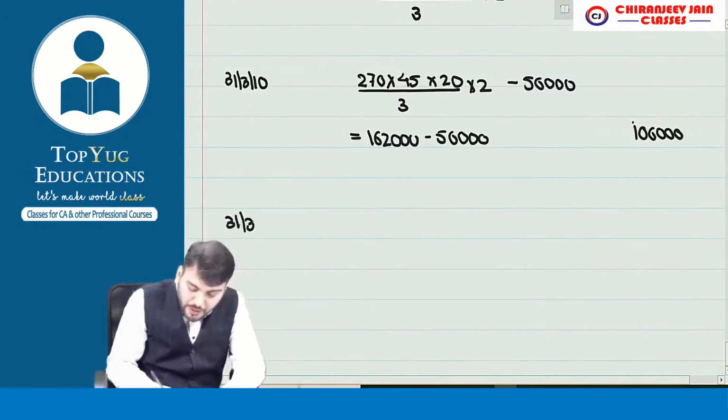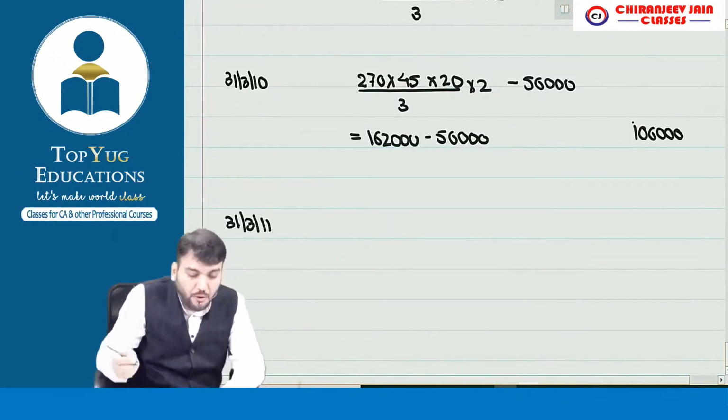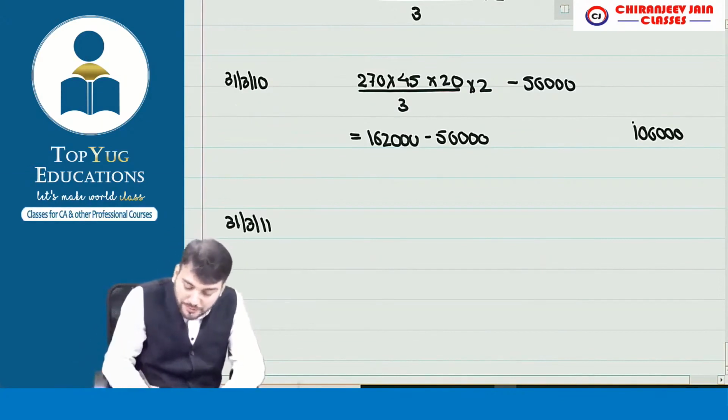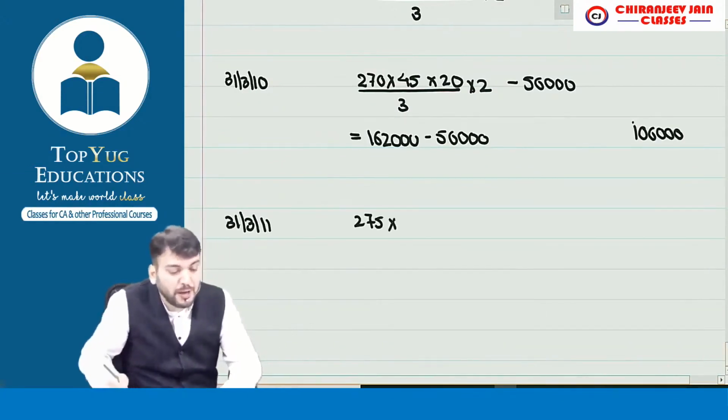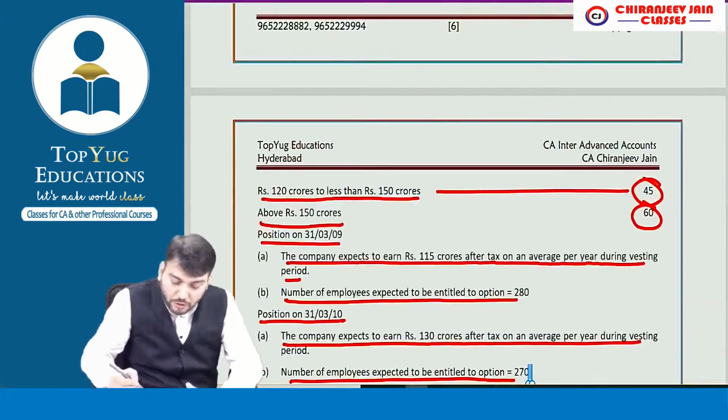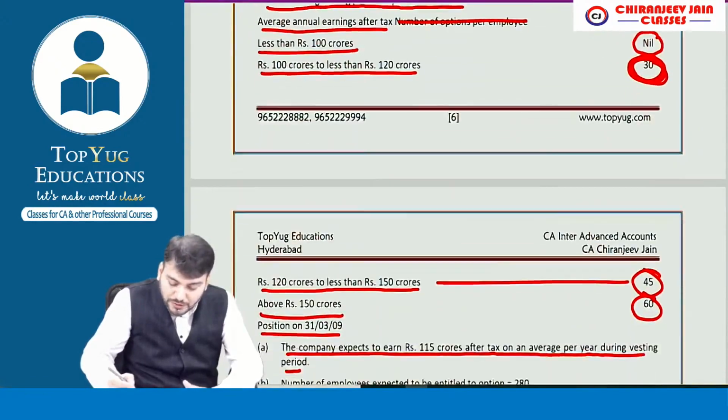Then 31st March 2011. Actual number of employees 275, and options per employee will depend upon earning, actual earning, that is 128 crore. तो 128 crore कौन से स्लैब में आएगा, चेक करेंगे.